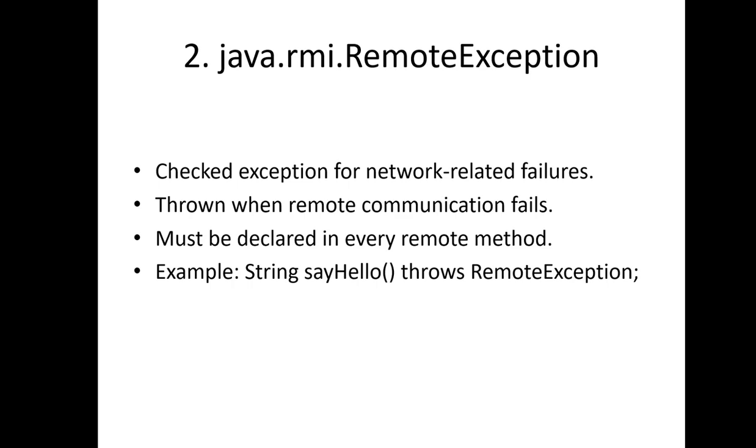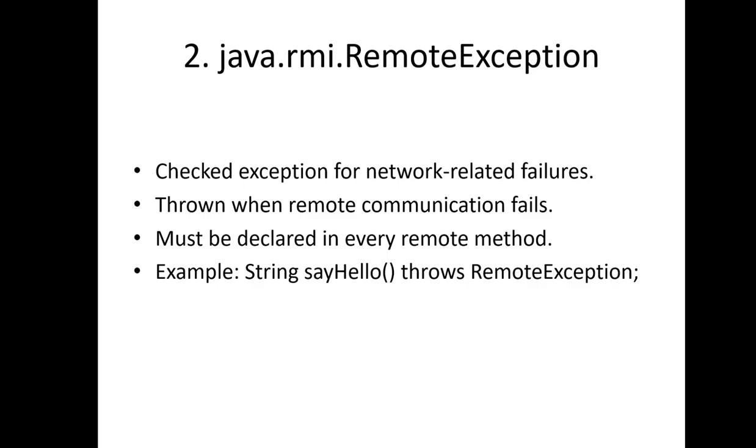For example, think of calling someone over the phone. Sometimes the line gets cut due to a network failure, or you may not get a signal when you call your friend, right? The same case happens in a remote application also.